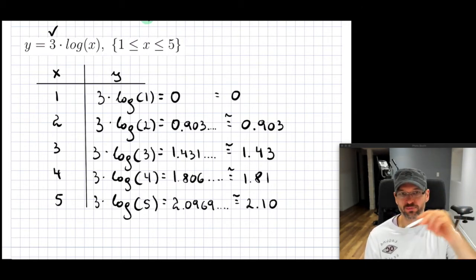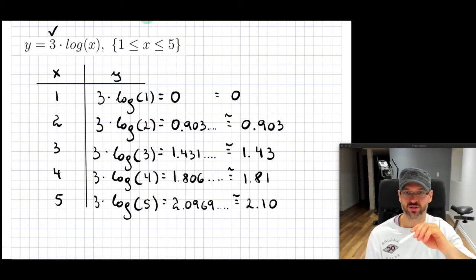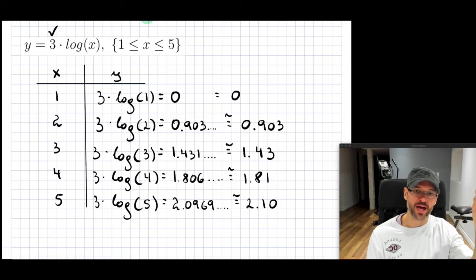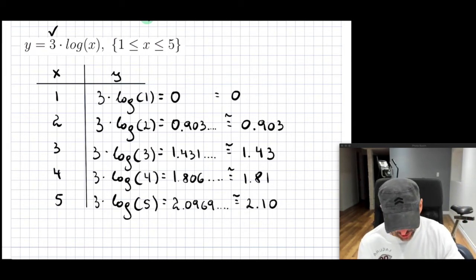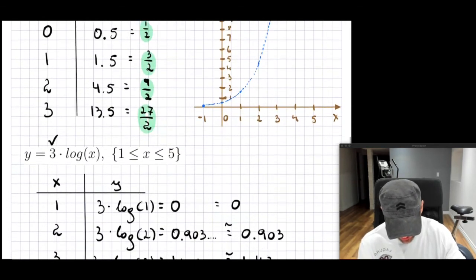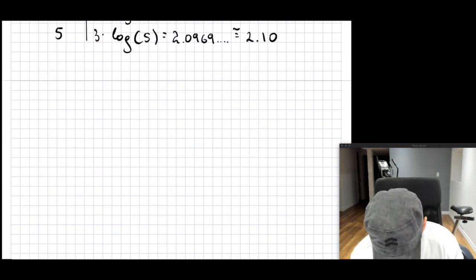Instead of blowing up, log actually works kind of the inverse of that. So it's going to slow down as it keeps growing. So if we were plotting this, we're basically dealing between 1 and 5 as our input, and our output, notice, is between 0 and really 2.1. So we can scale it differently.